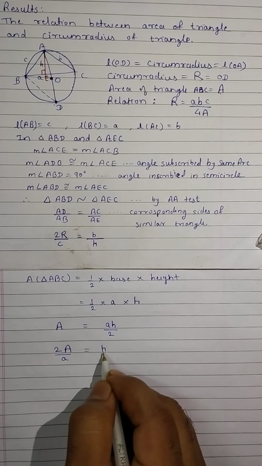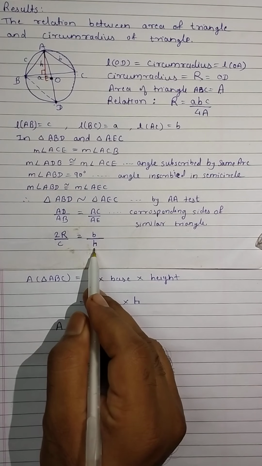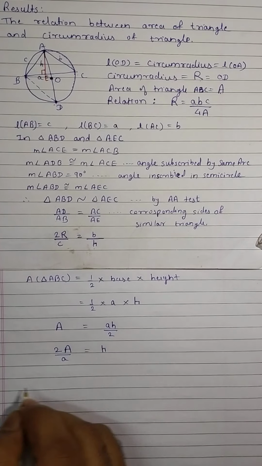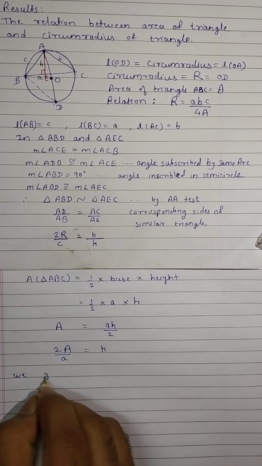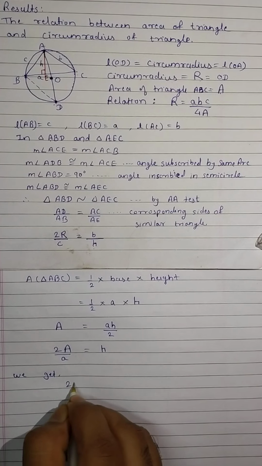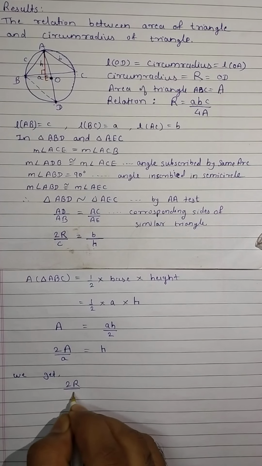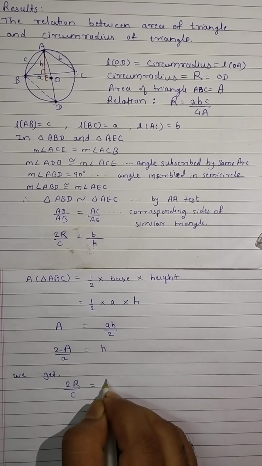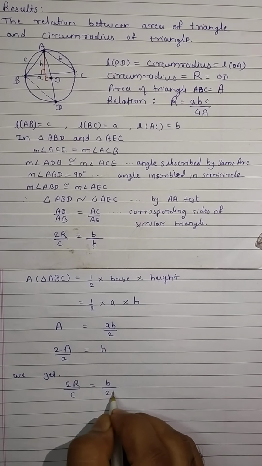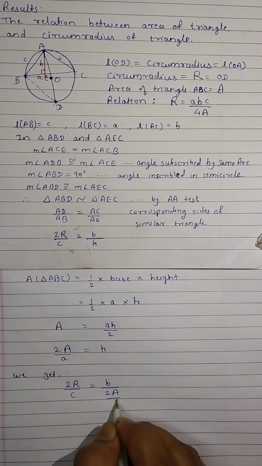Now we will replace this h into our equation. So we get 2R upon c is equal to b upon the value of h, which is 2A upon a.